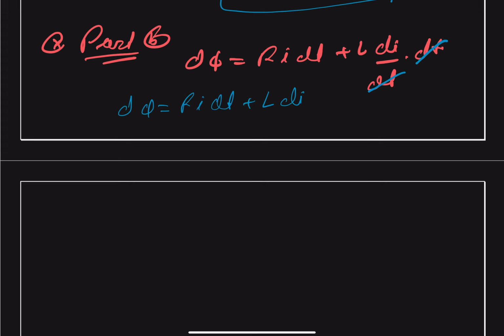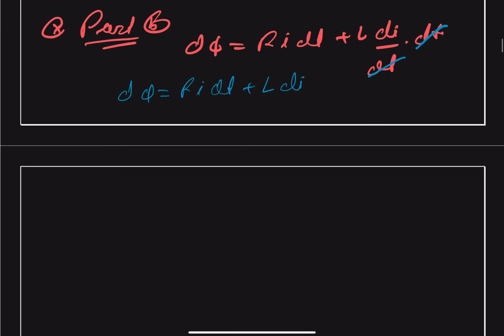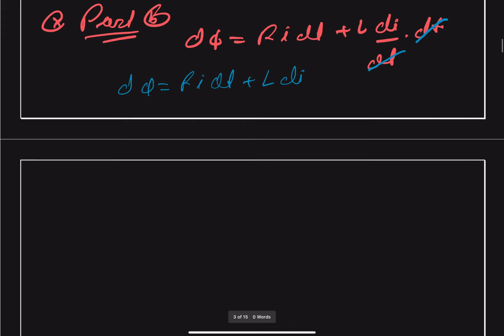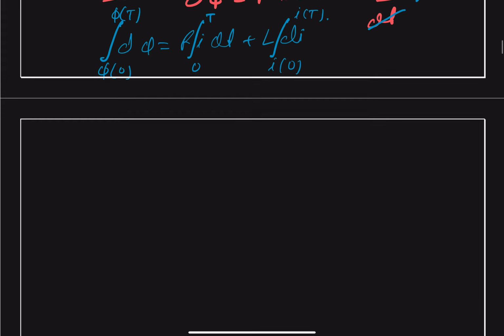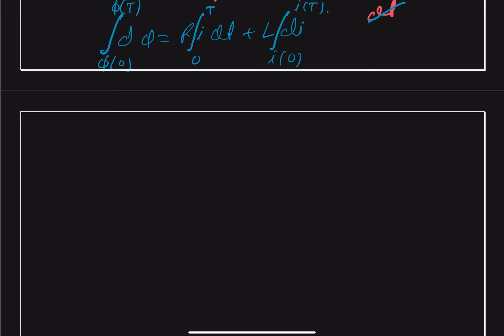Now we integrate both sides for the given time duration, that is t equal to 0 up till t equal to capital T. So we can write this as phi of 0 up till phi of capital T, and on the right from 0 to capital T, and here we write current as 0 and current at capital T. Now the integration of current over the entire time will be giving us the total charge.